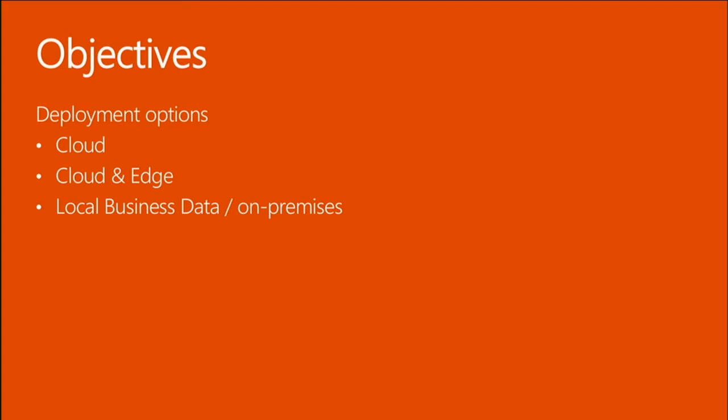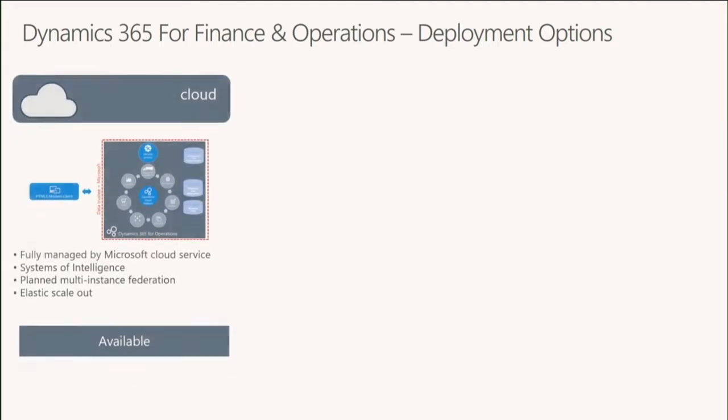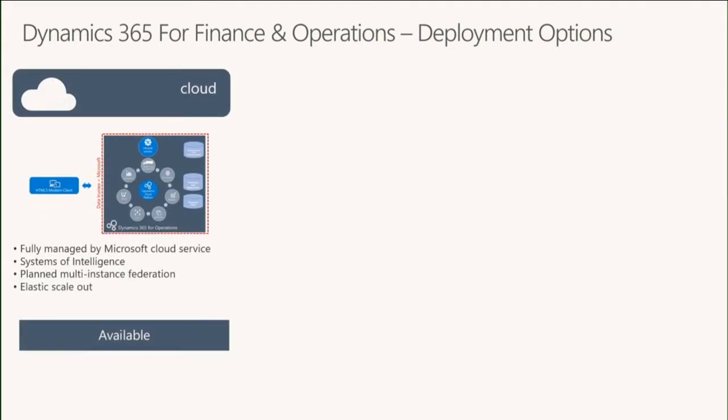And if we just take a look and go back, we started out with the first version of Dynamics 365 for Operations with a pure cloud solution. So this is a traditionally fully managed by Microsoft solution.